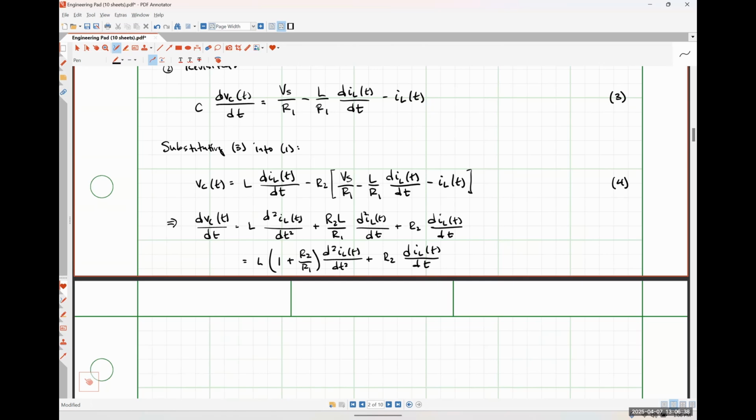So I'm taking the derivative of this guy right here, which is a constant, so it's 0. That's why it's not getting rewritten. I'm taking the derivative of the next term, so that's where I'm getting a plus R2 over R1 times L times the second derivative. Then I'm taking the derivative of the last term, so I have minus times minus is plus R2 times the derivative of IL with respect to time, and then I just lump those like terms together.